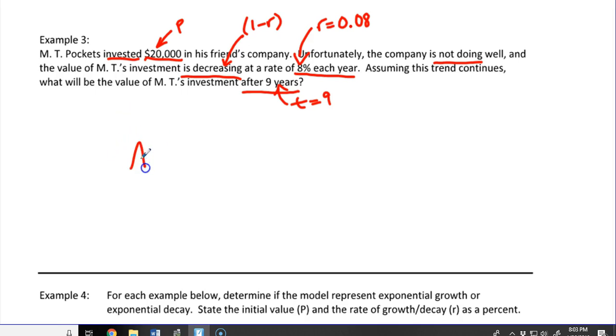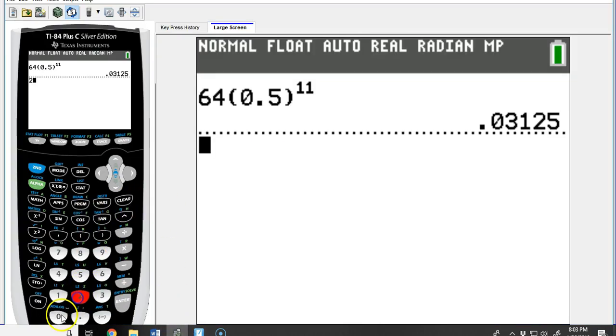Okay, so hopefully you get your initial $20,000 times 1 minus 0.08. Raise that to the 9th power. So it's really getting 92% of its previous year's value, because when we do 1 minus 0.08, we're left with just 0.92. Let's put some numbers into our calculator and find out what it is.